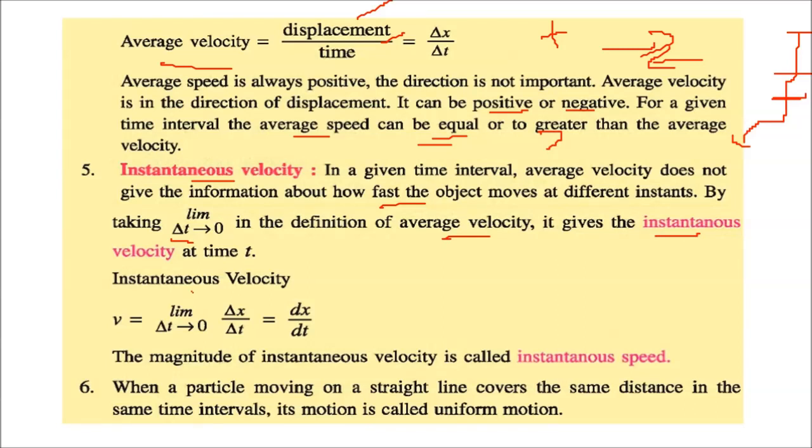So instantaneous velocity is delta x by delta t when this delta t limit tends to 0, and this becomes dx by dt. The magnitude of instantaneous velocity is called the instantaneous speed. When a particle is moving in a straight line, it covers the same distance in the same time intervals, and its motion is called uniform motion.